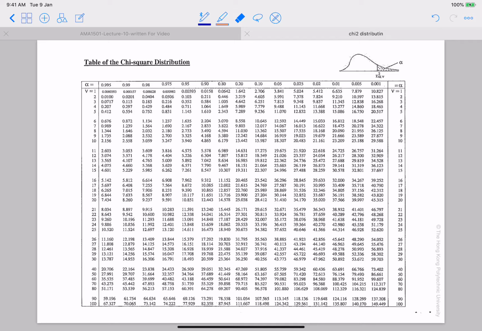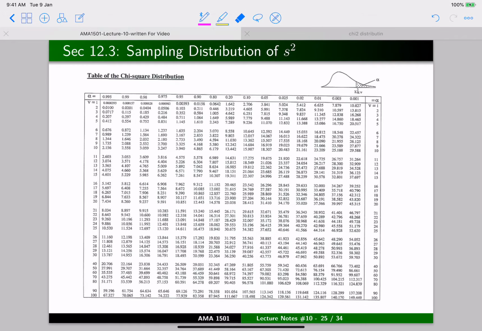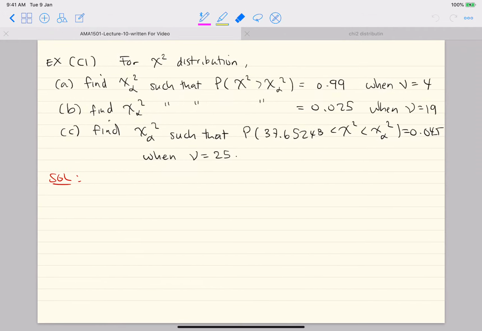Let's familiarize ourselves with how to find areas to the right of chi alpha nu. For example, for a chi-square distribution, A: find the chi alpha squared such that the probability that chi squared is greater than chi alpha squared is equal to 0.99 when nu is equal to 4.